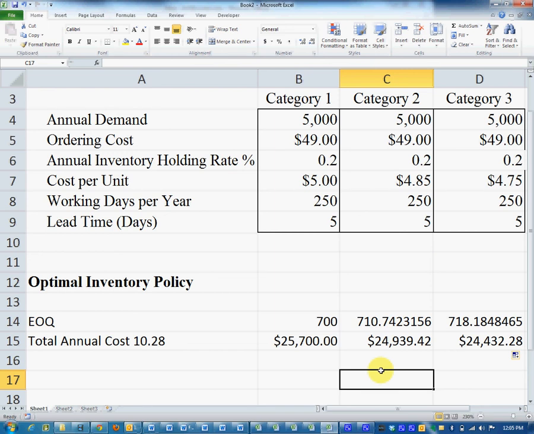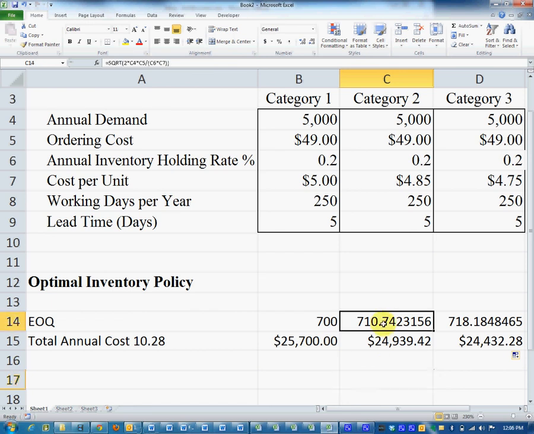That would be the same. Would be ordering cost because it's cheaper to do. No. Well, how much do we need to buy to get these lower prices? So for a category 2 discount, how many do we need to buy? 1,000. And how many are we buying for category 2? 710. So we're not getting the discount at 710, are we?